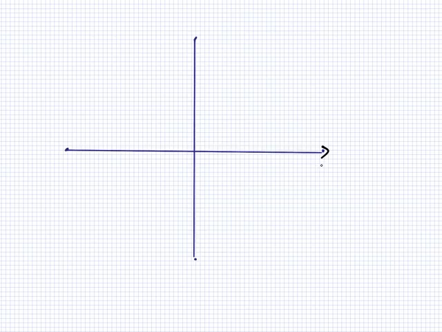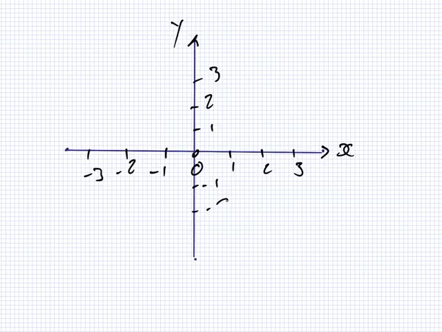Okay, so I'm sure you remember this, but here this is X, and this is Y, and this is 0, 1, 2, 3, and this one, minus 1, minus 2, minus 3, 1, 2, and 3, minus 1, minus 2, and minus 3. Does anyone know the name of the middle? Almost. It is a word.